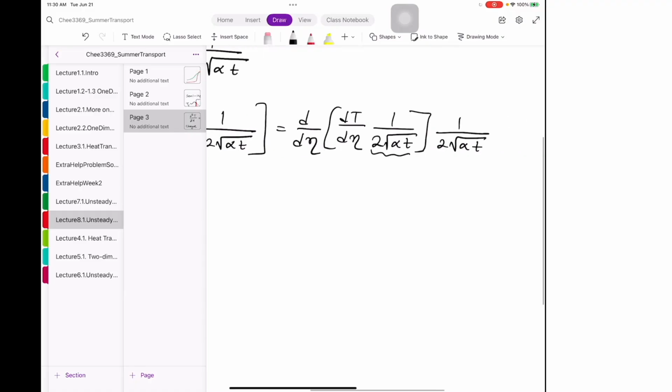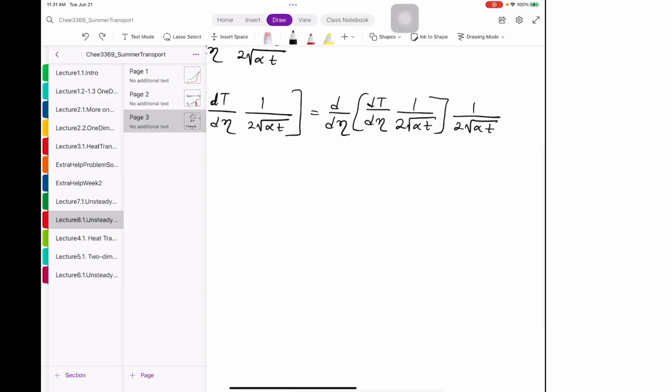And this is constant. You can take it out of the parentheses. Oh, sorry, is it constant? I guess it's not a constant, right? Okay. It's not a constant.